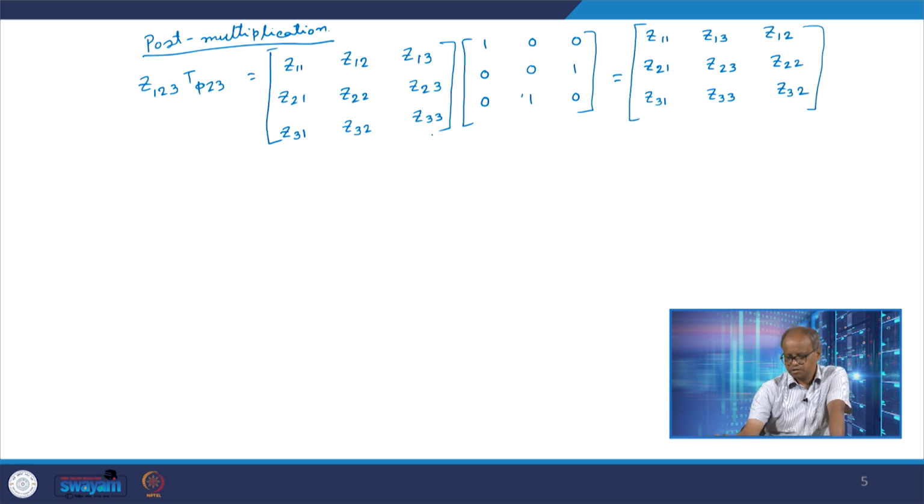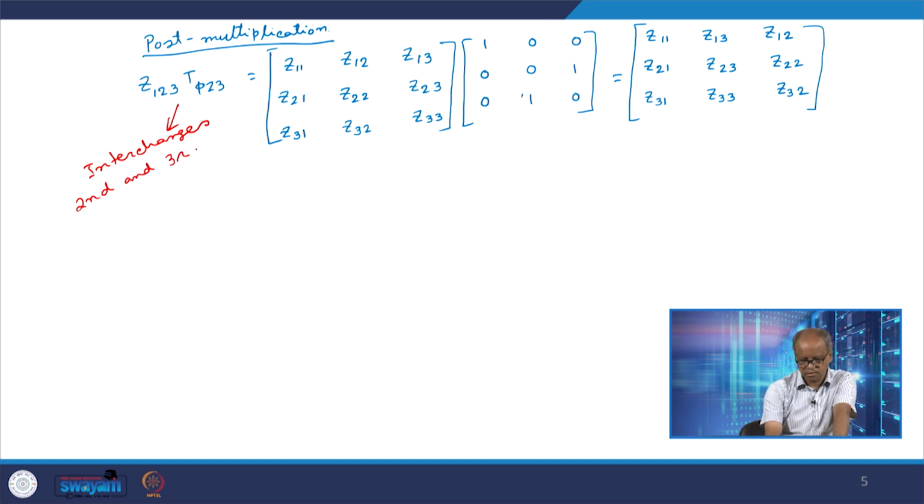So what happens here is that essentially column 2 and column 3 have been interchanged. So that means post multiplication by T phi 2 3 interchanges the second and third column of Z 1 2 3.